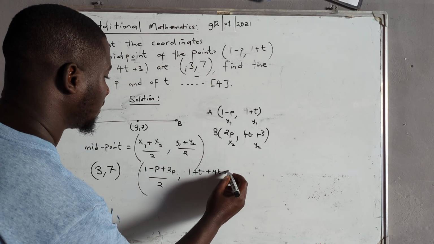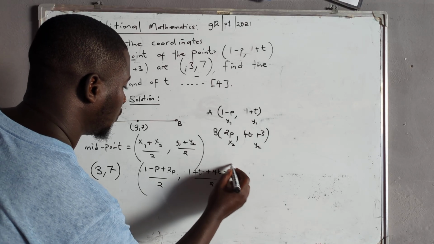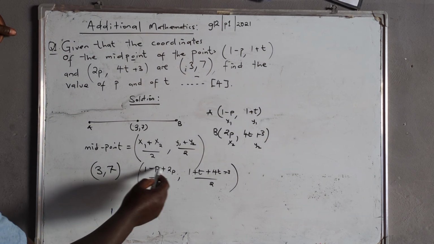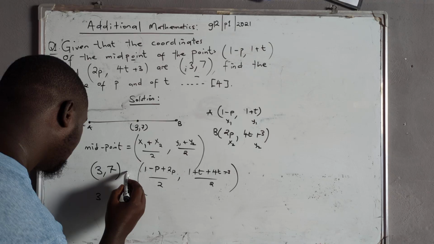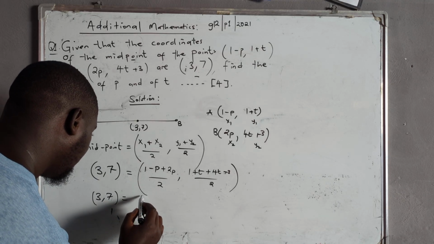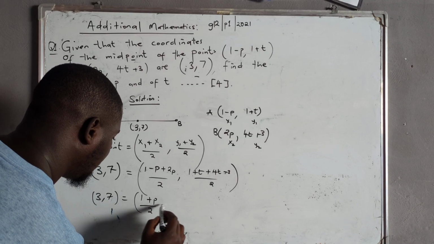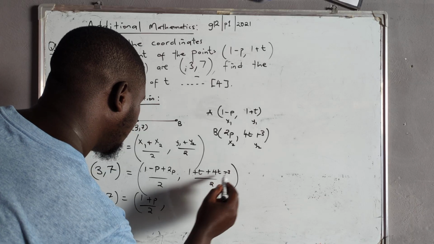Now, it's just a matter of us grouping or collecting like terms. So here this one and this one will just give us a p. There's an equal sign in between. So this is going to give us 1 plus p, then this is going to give us 5t, then this is going to give us 4.